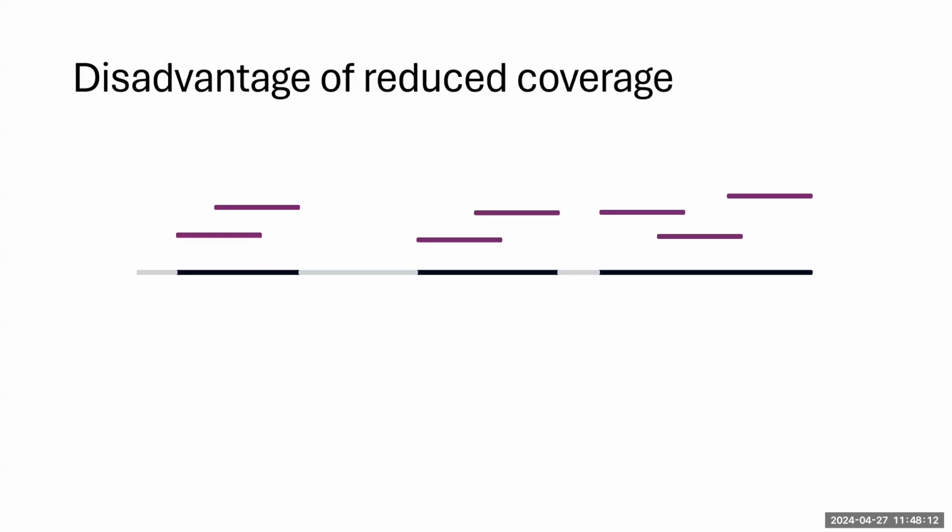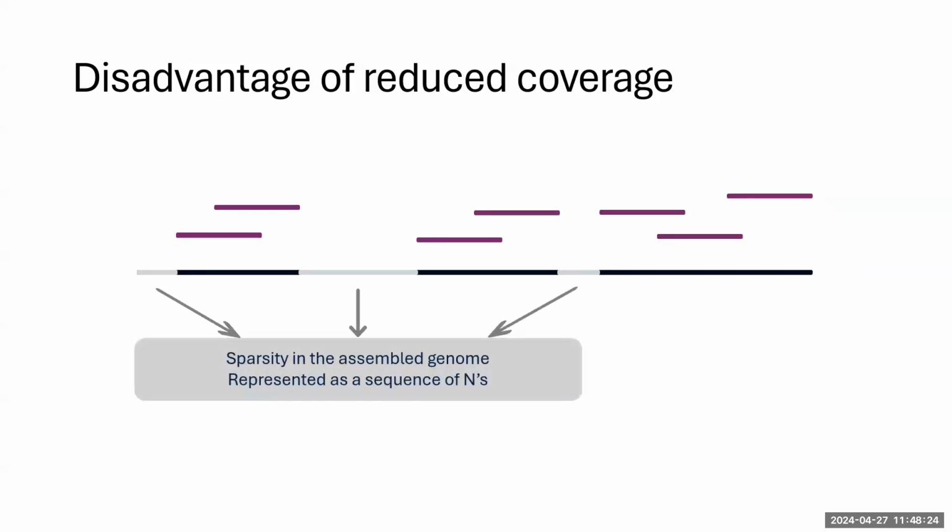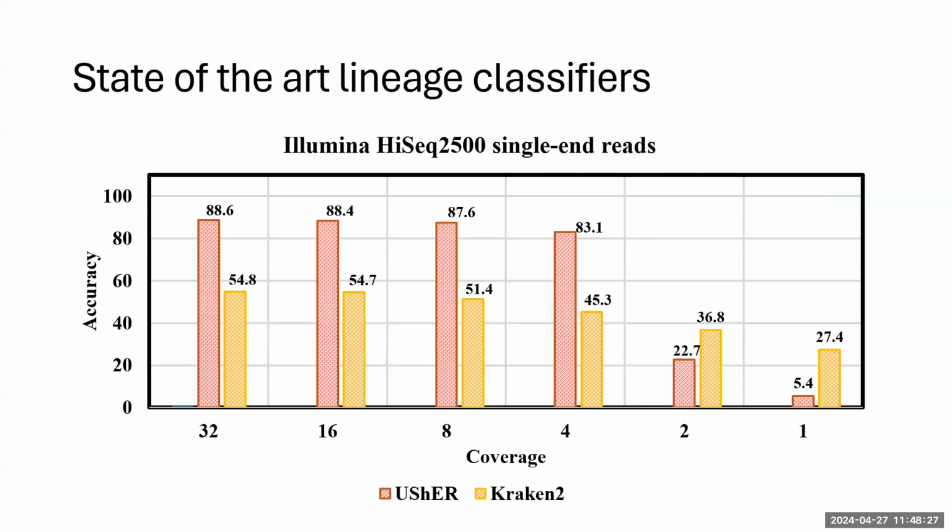Okay, so we want to use low coverage whole genome sequencing to alleviate the throughput and scale up, but we get sparse data, and we wanted to test how state-of-the-art tools perform with that kind of data.